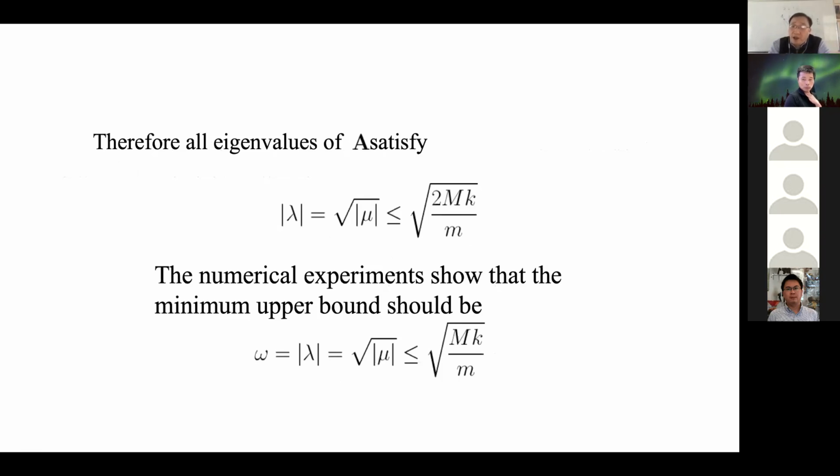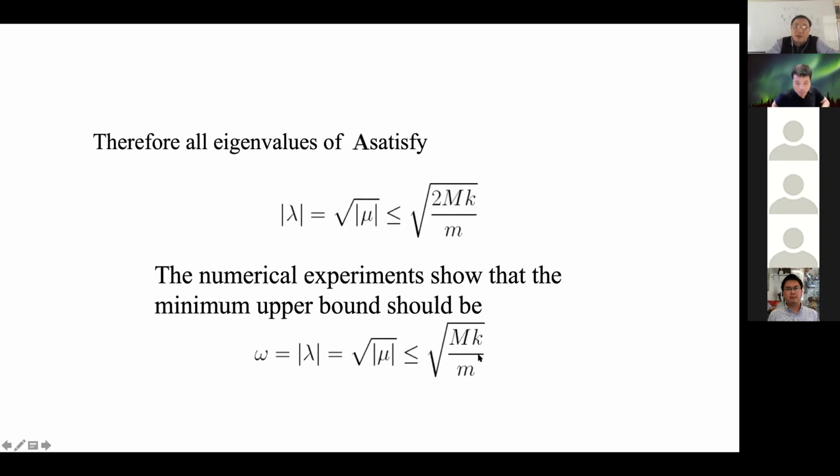If the frequency is too high, the eigenfrequency is very much like the velocity in the CFL condition in solving partial differential equations. We proved that there is an upper bound, but in fact, numerically, we showed that the upper bound is a little bit lower. Theoretically, I just couldn't find any way to go from here to here.